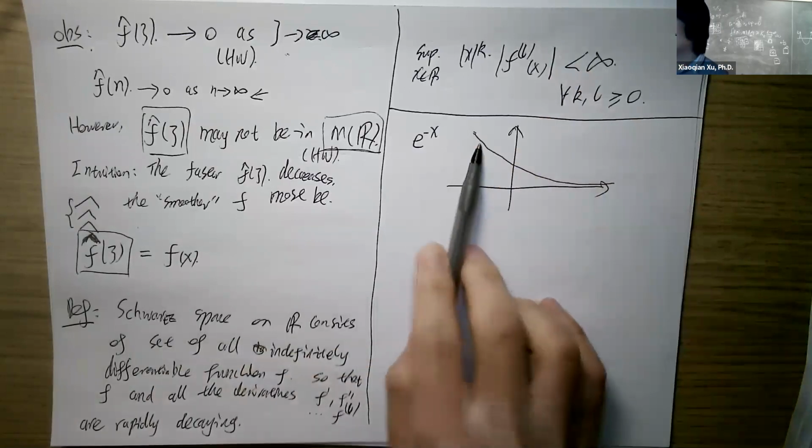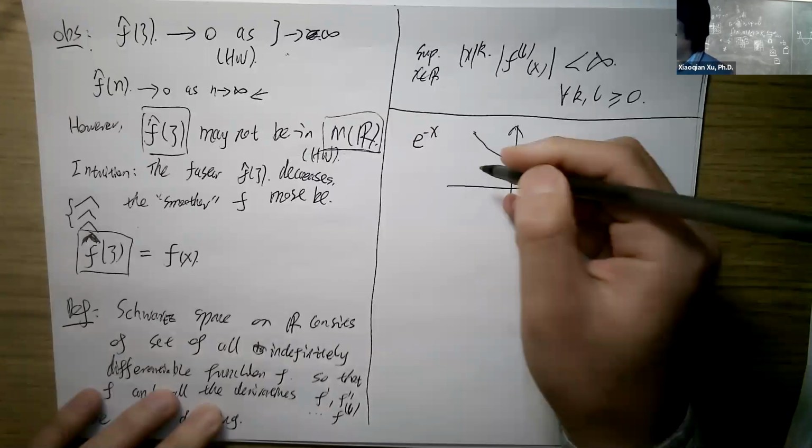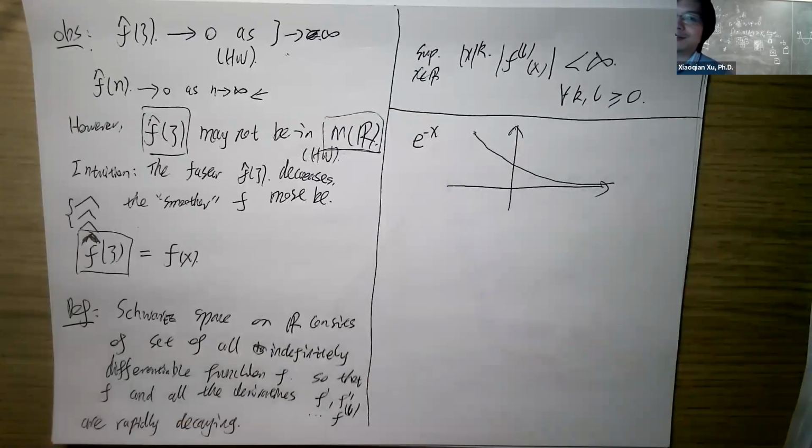However, when x goes to minus infinity, it will increase. So if you multiply by x to the k, it will go to infinity as well. So this may not be a very good example. Then you may think, the main reason is that it only decays when x goes to plus infinity.